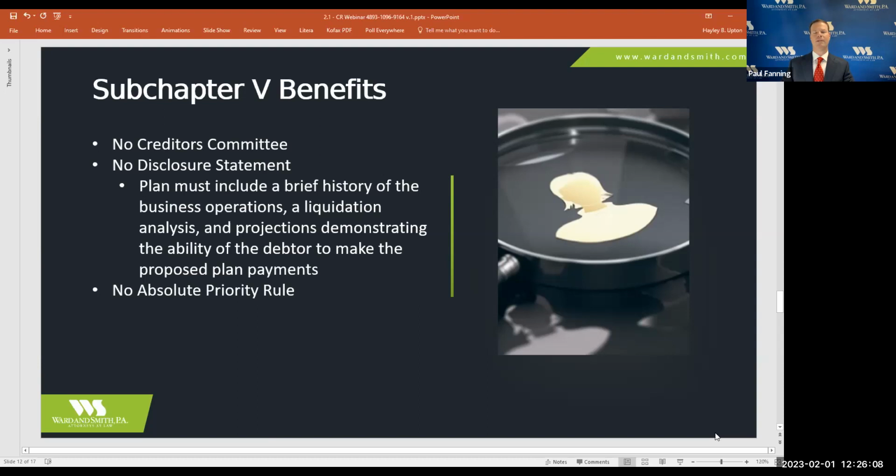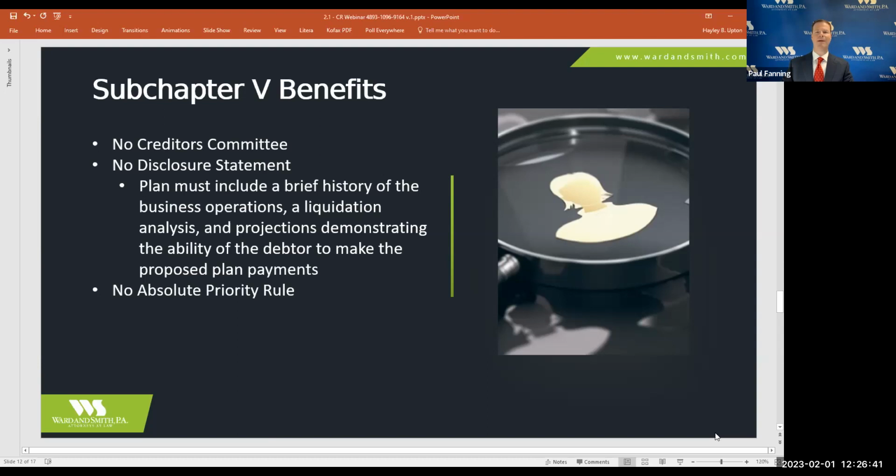In a traditional Chapter 11 case, they either have to pay everybody else in full to retain that ownership, or they provide new value to the case to retain that ownership. There's no absolute priority rule in a Subchapter V, and as a result, existing equity holders are more likely to retain their equity interests, and that's attractive to debtors looking to file bankruptcy.